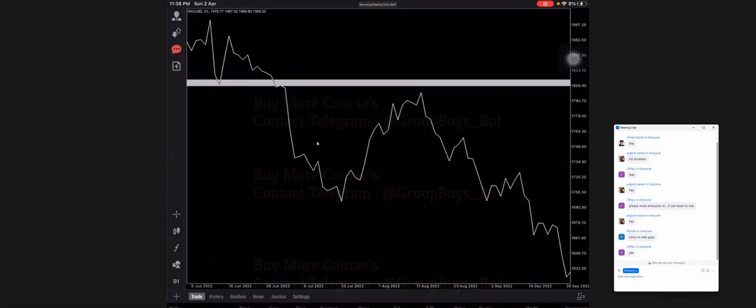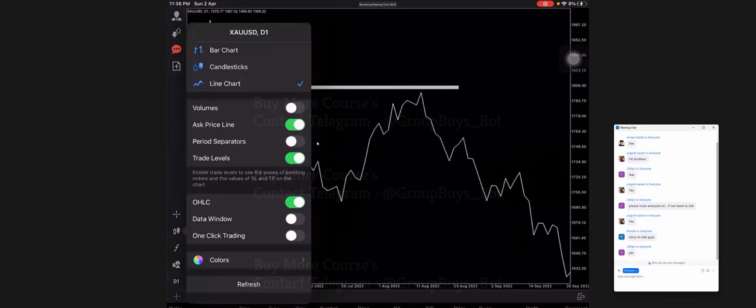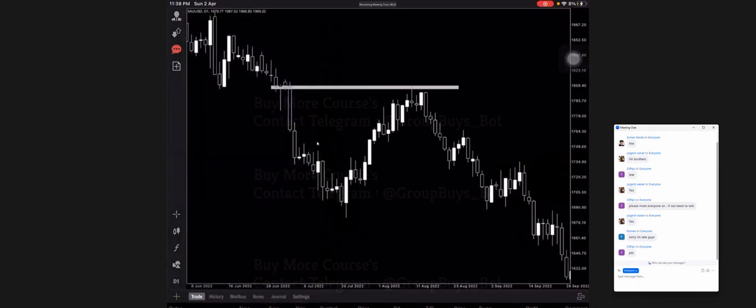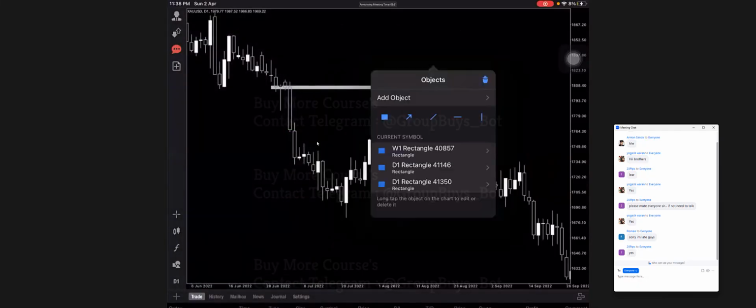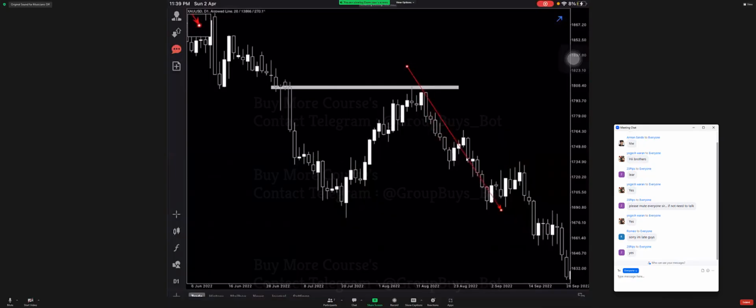Because we want to define the nearest zone. This one is the nearest zone. See? After the closing, the next candle will turn into a downtrend.